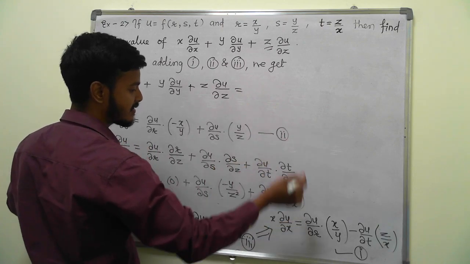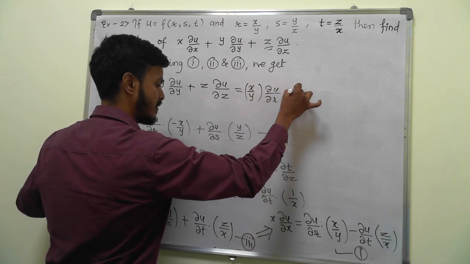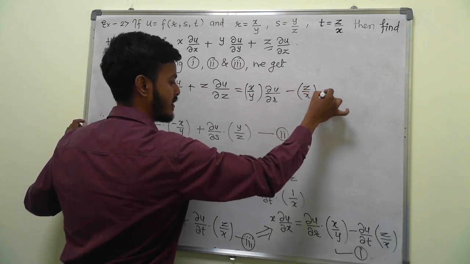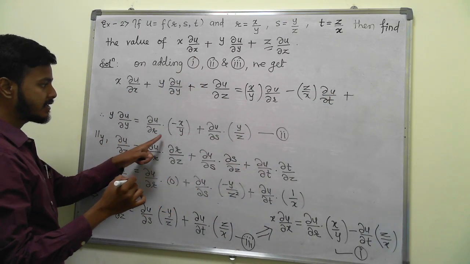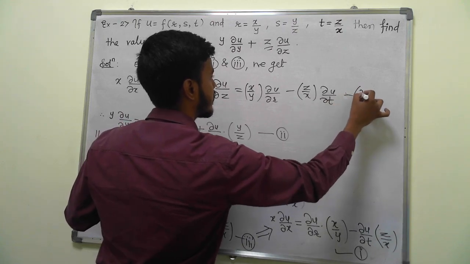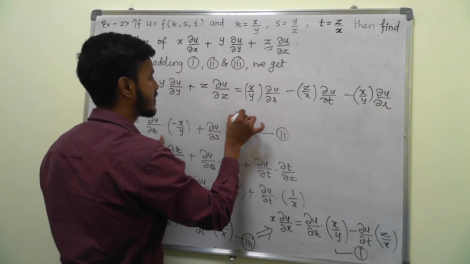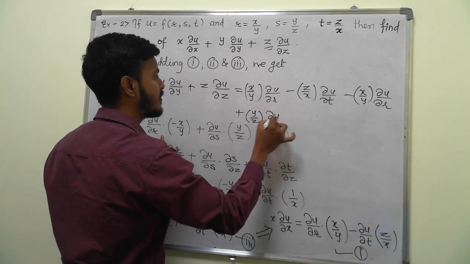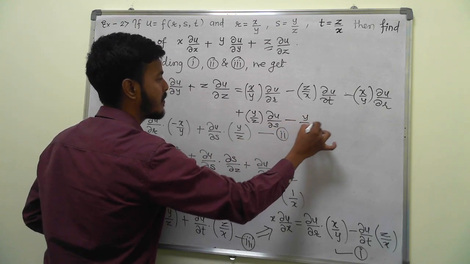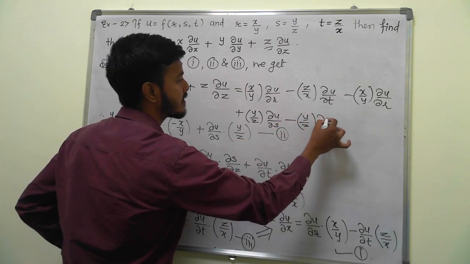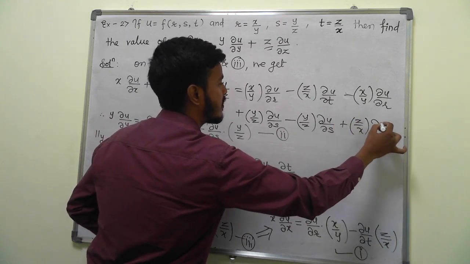So first you write down this term, x by y del u by del r minus z by x del u by del t, then plus the term we have here, minus x by y del u by del r plus y by z del u by del s, then the last, this minus y by z del u by del s, and the term of t plus z by x del u by del t.